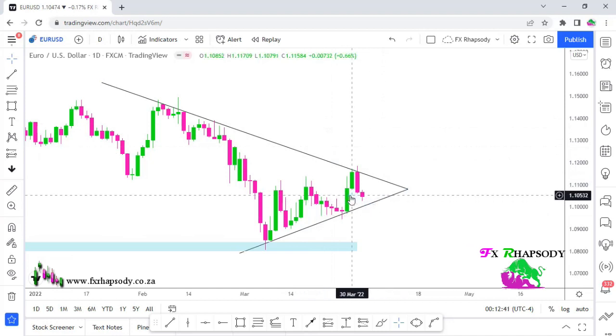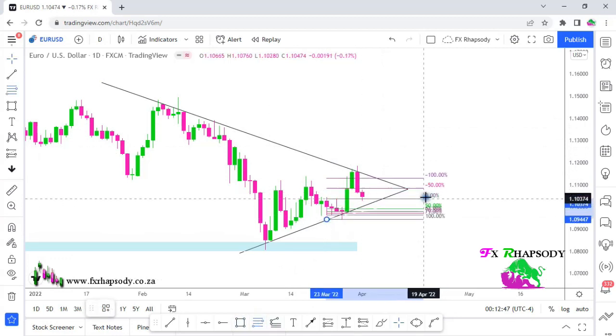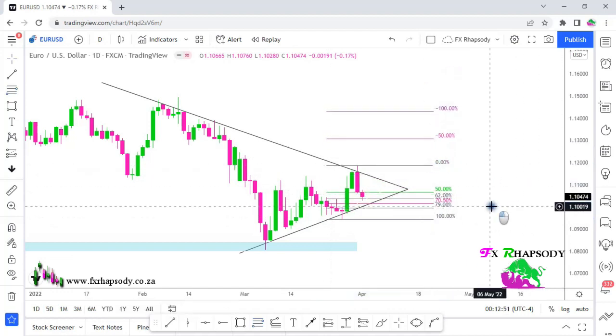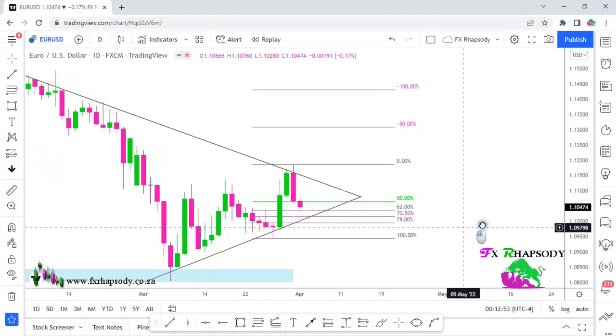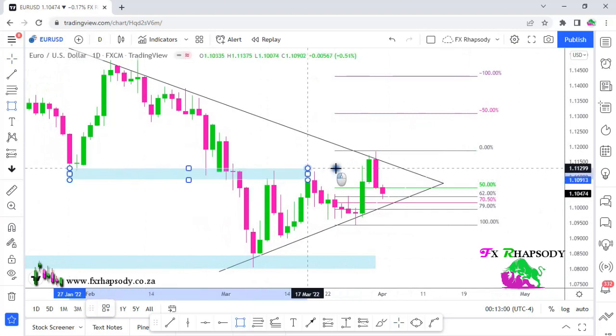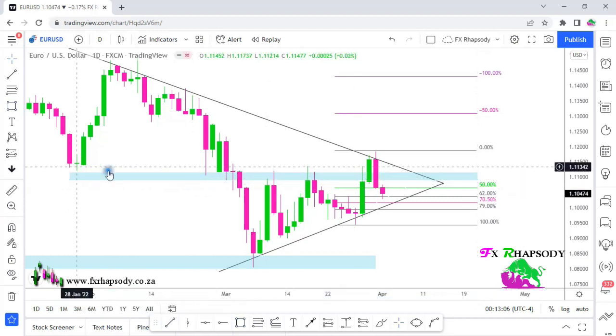any big trades. You can also, if you pull your Fibonacci from this swing low to that swing high, very small, let's just expand this a little bit so it looks better. The reason I'm saying that is because of this little break of structure, and it came back again. Around about there, you can see this structured area.